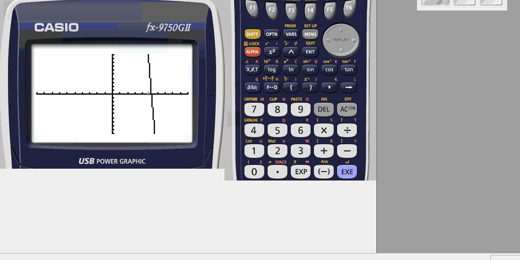And you can get some answers by finding out where it crosses the x-axis, which if you push gsolve root, it gives you an answer of 5.171.